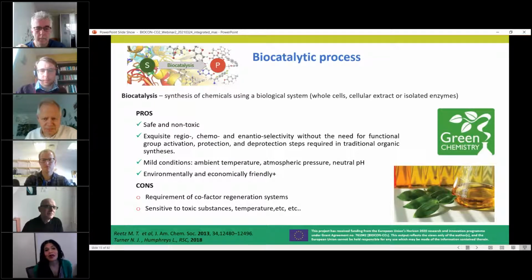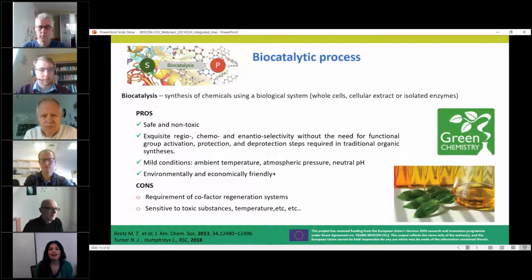They involve the synthesis of chemicals using biological systems. They have several advantages compared to the chemical counterpart, as they are safe and not toxic. They have very high regio, chemo, and enantio selectivity. They require very mild conditions, so generally ambient temperature, atmospheric pressure, neutral pH, and they are, of course, environmentally friendly. However, they do have some cons.